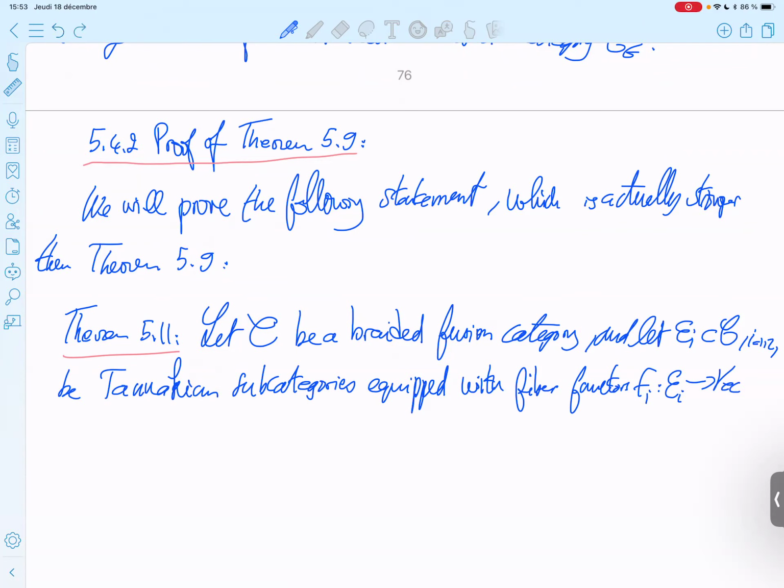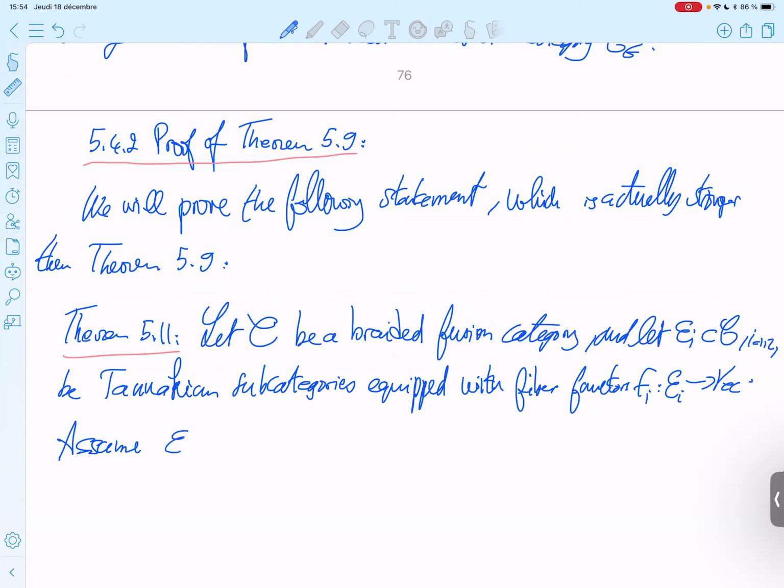Assume they are not maximal, but maximal in the Tannakian subcategory, among the Tannakian subcategory of the fusion subcategory generated by E1 and E2.